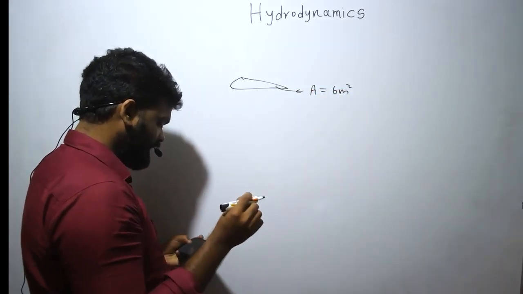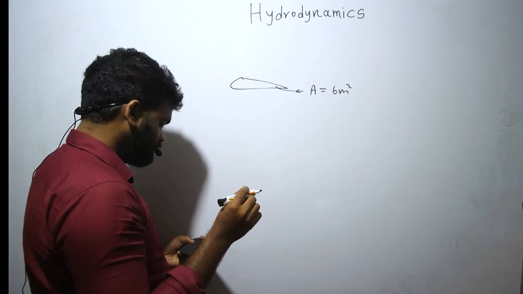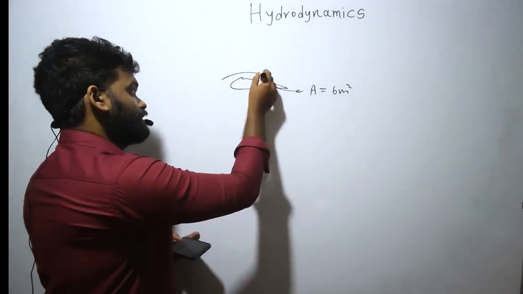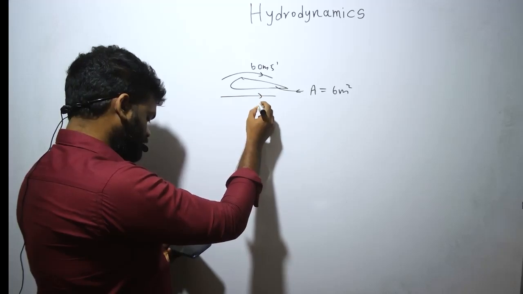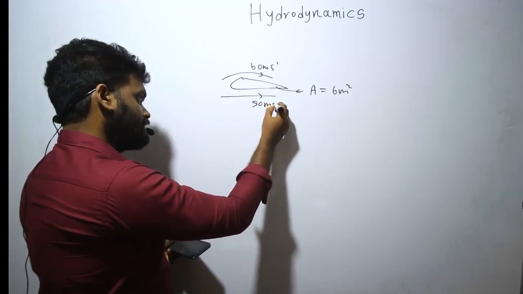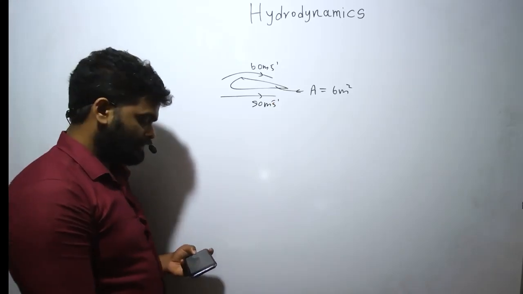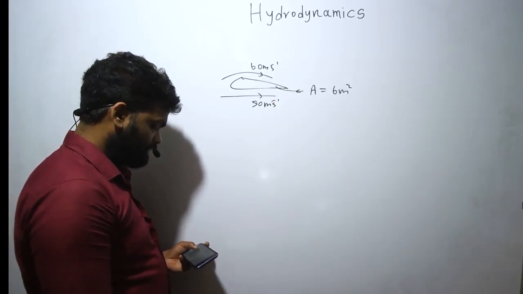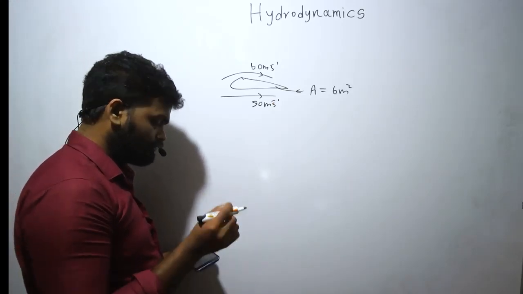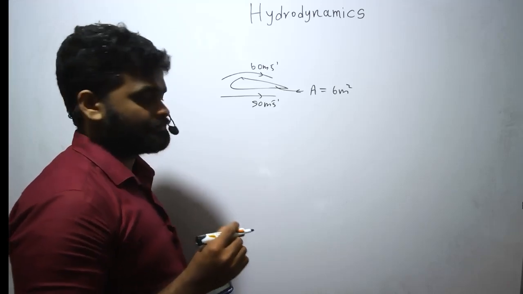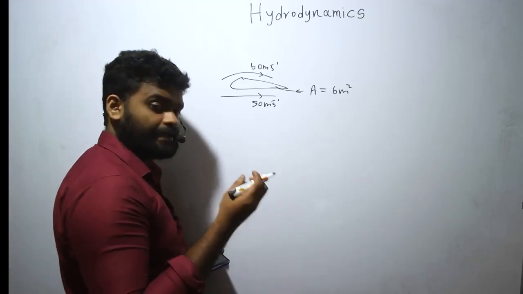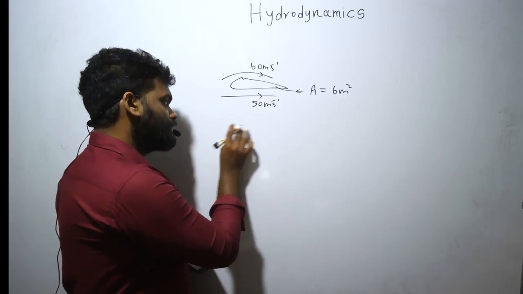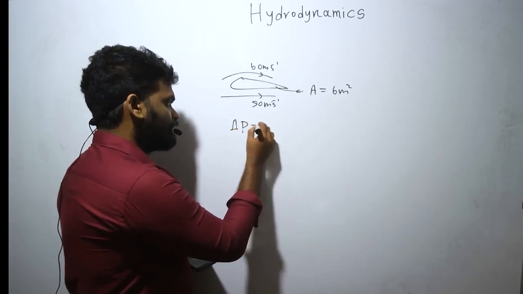Speed of air streamlines above the wings is 60 meters per second, below 50 meters per second, right? If the density of air is 1.2, find the lifting force. So what they ask is lifting force. Before that, you need to find delta P.